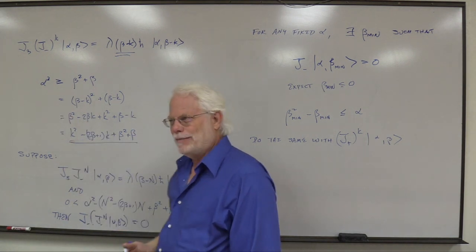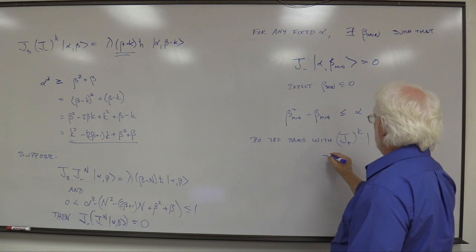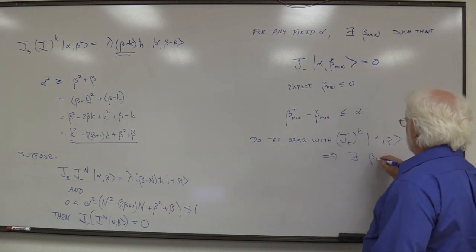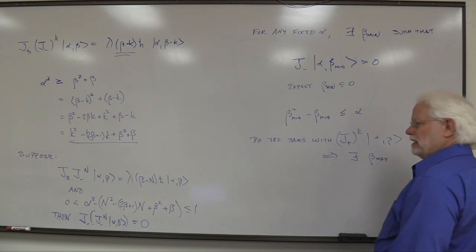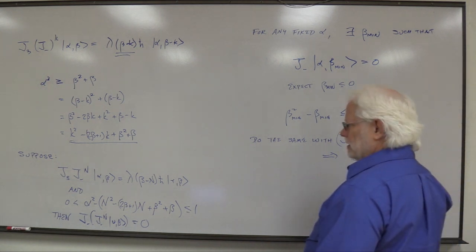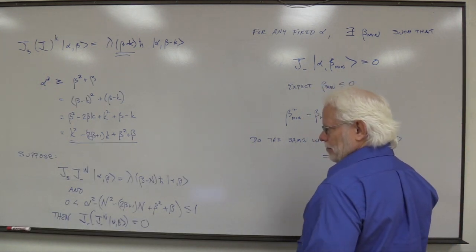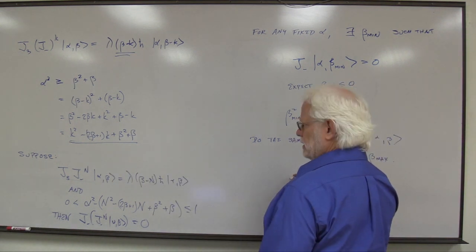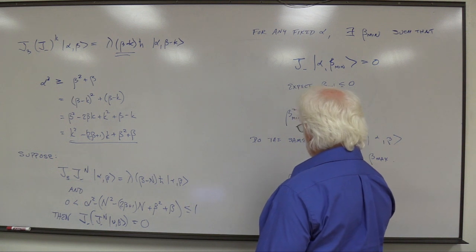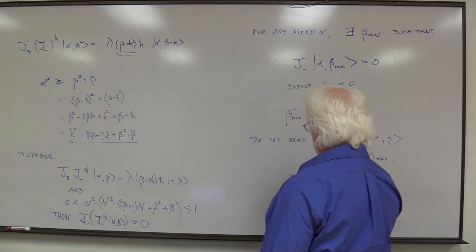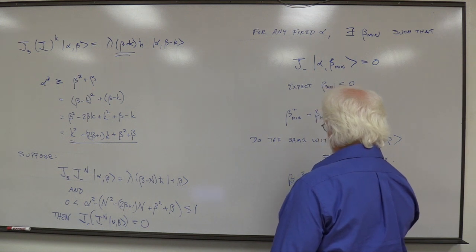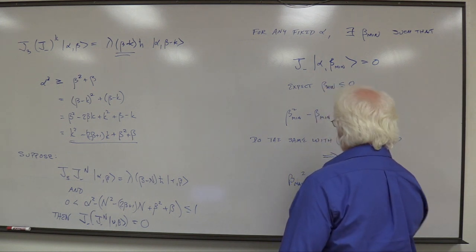So there's also a beta max. There exists a beta max, for the same reason, same argument. Now beta max will be positive, and we need to have beta max squared plus beta max less than alpha.